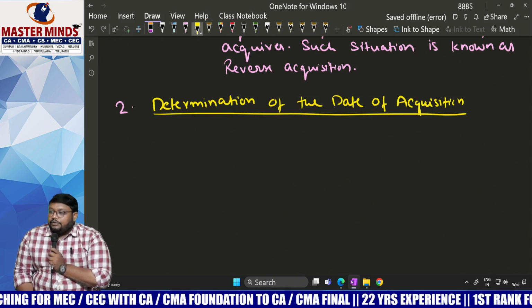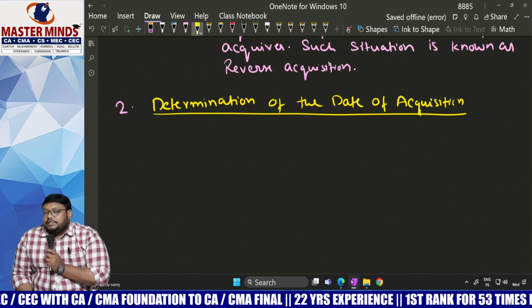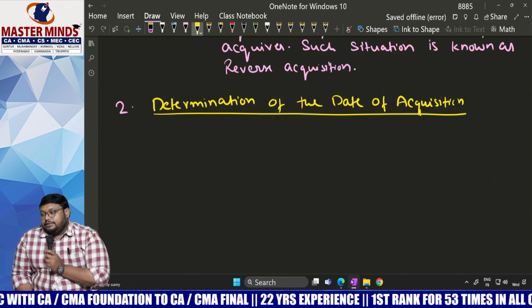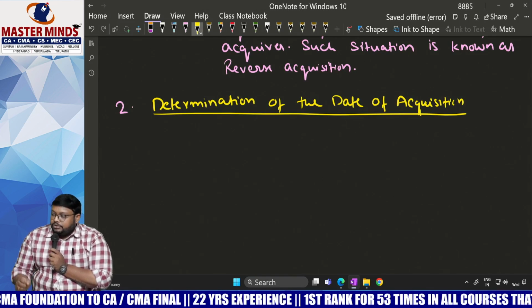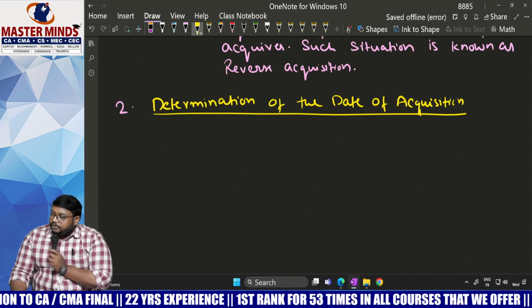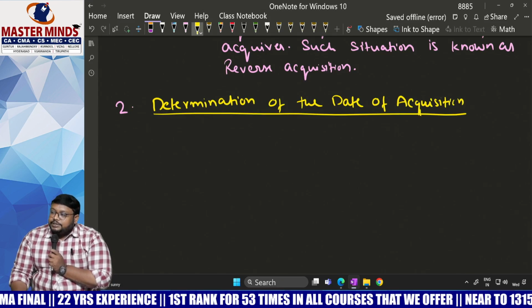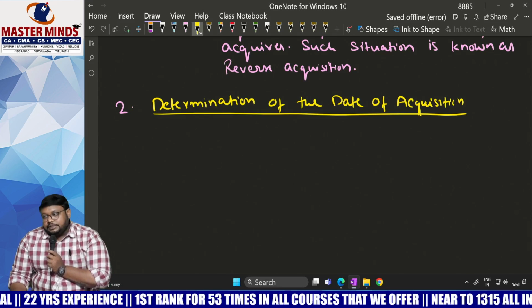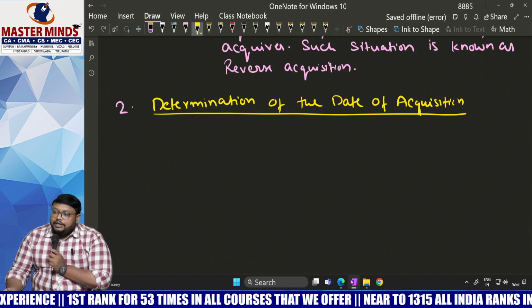Generally, date of acquisition means the date on which the acquirer attains control over the acquiree. Sometimes the government will interfere, saying this is not a valid business combination.